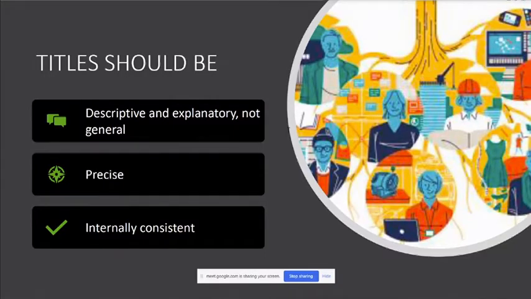Your title must describe and explain, because this is a scientific paper. Your titles can never be general or generic. Generic is too common. Your title must be precise and it has to be internally consistent. Internally consistent means that the content should reflect the title, or the title should reflect the content. It has to have consistency.